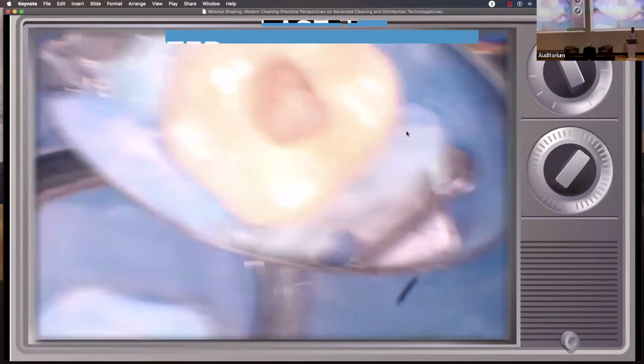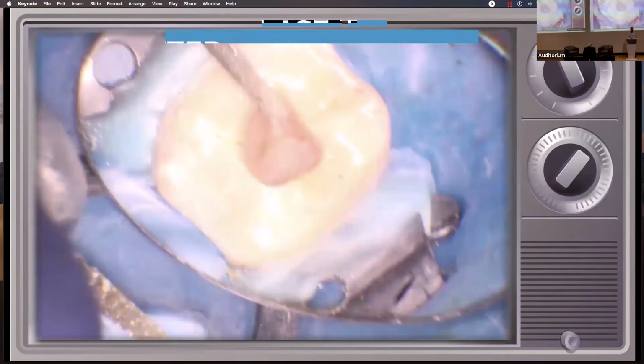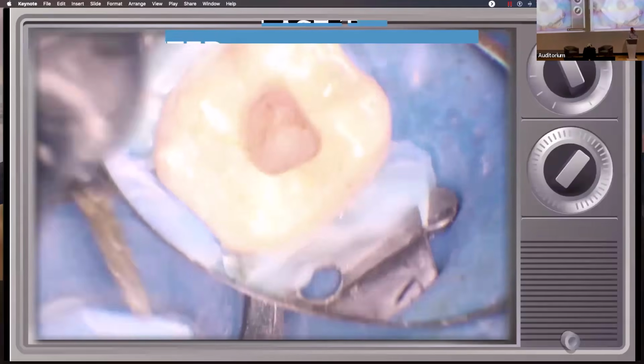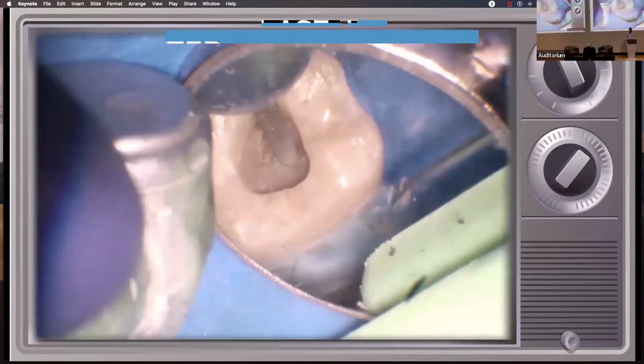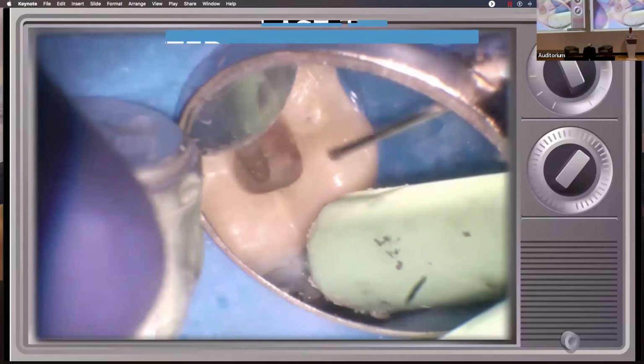So now that we're basically down to dentin and restorative, we're through the crown, we're going to switch to a round-ended tapered diamond to make our access through to the pulp chamber. Chairside in the scope.